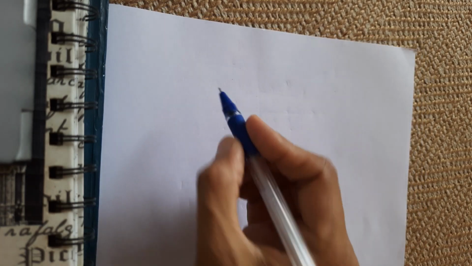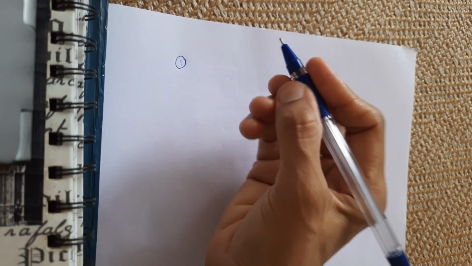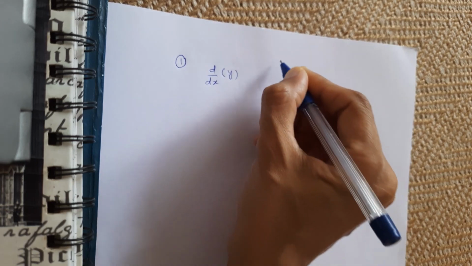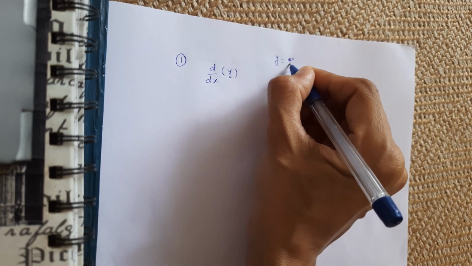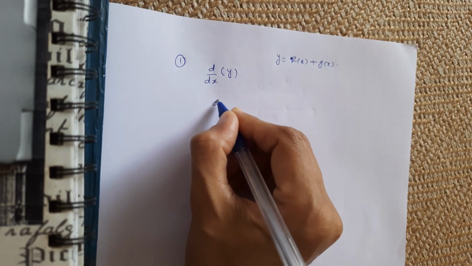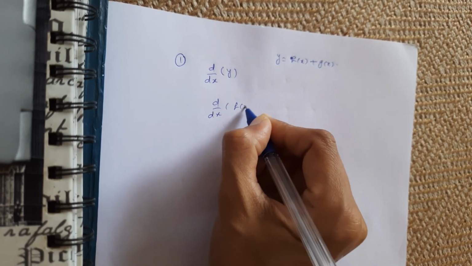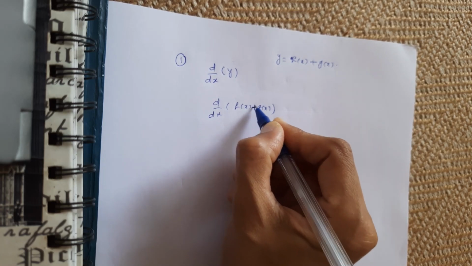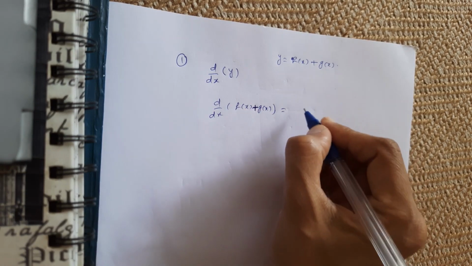So for example, I will just tell you how we plan to solve this. Keep this in mind. Suppose I want to find the derivative of y, where y is an addition of two functions. So y is given by f(x) plus g(x). Then d/dx of f(x) plus g(x): when the derivative operates on a plus sign, we can just separate it.